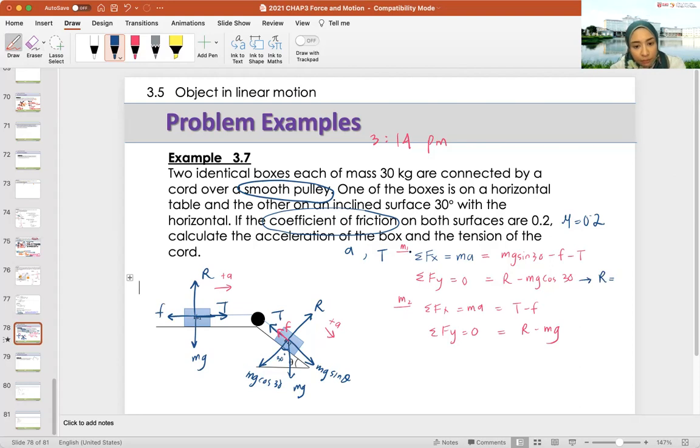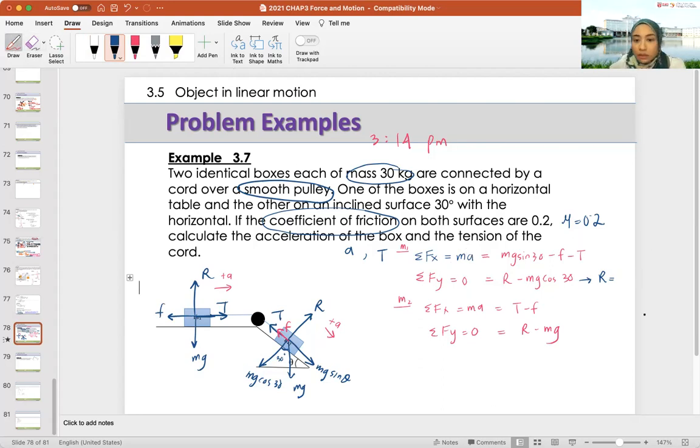So this is specifically for mass 1. Mass 1 is mana? Oh, identical boxes of mass 30 kg. So sama je lah. Tak ada mass 1, mass 2 pun sebenarnya. Mass dia sama. So M is just M. There's no M1 and M2. The masses are equal. Kan? Okay, betul.